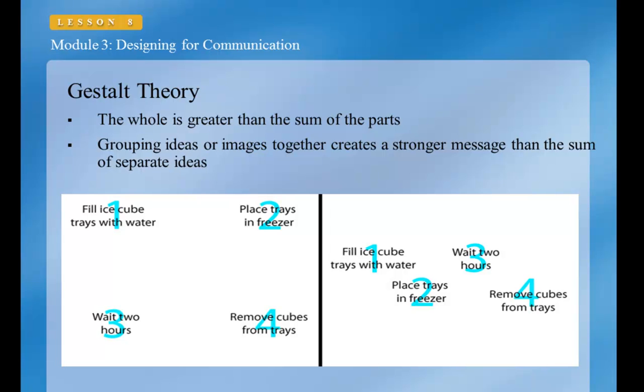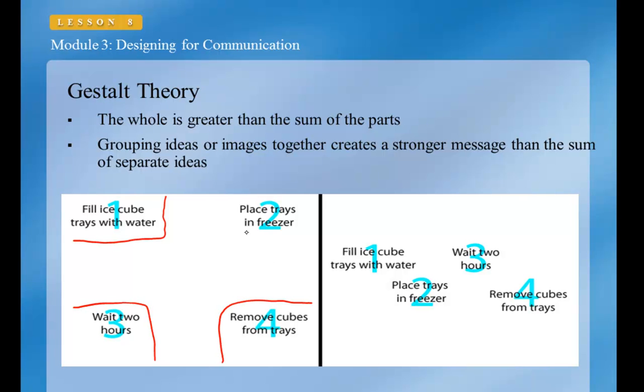Now we have the Gestalt theory. This theory is the whole is greater than the sum of the parts. So grouping ideas or images together creates a stronger message than the sum of the separate parts. So you have these ideas, and if you put them apart, you have all this white space here.